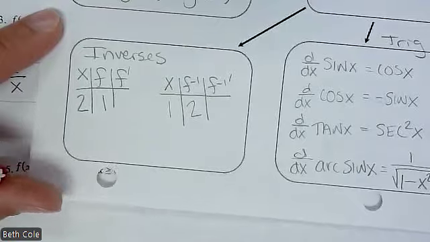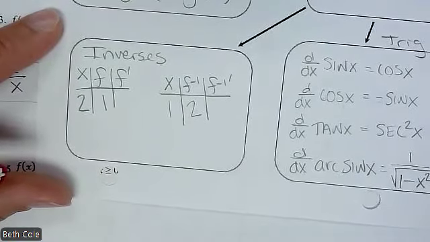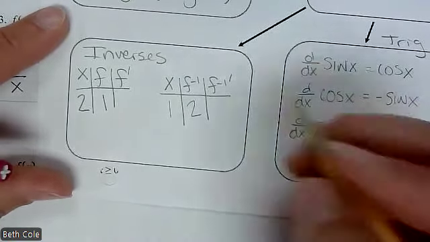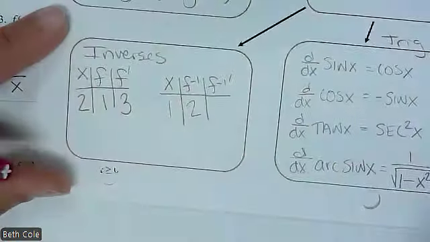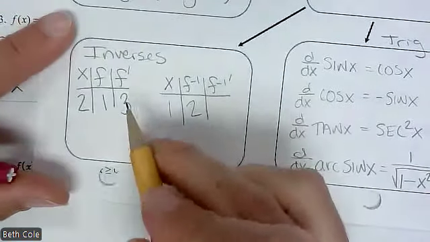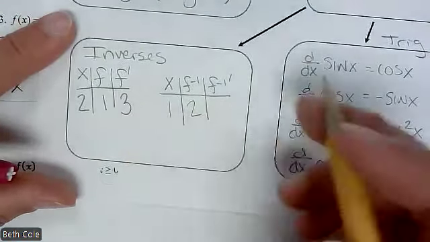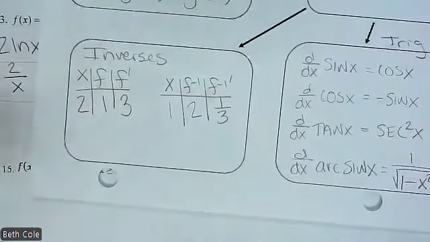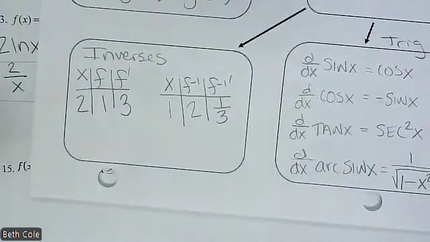And then give me a different single digit number. We'll do 3. I didn't really want it to be 1, 2, 3, but that's okay. If this is 3, this inverse derivative is 1/3. All you do is flip it over. Reciprocate, I should say. So it's very, very simple, but when you write it out in general terms, it looks just awful. So I just always teach it as an example.